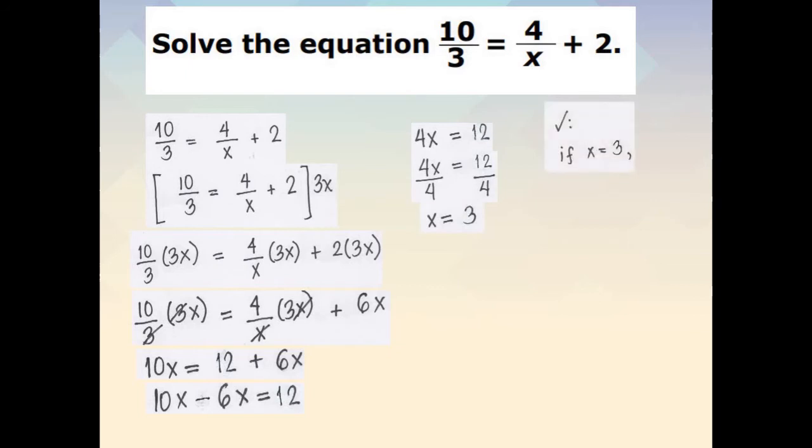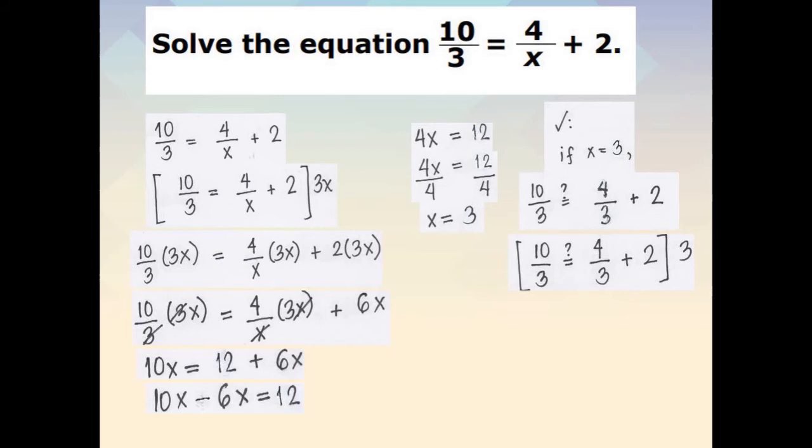In checking, if x is equal to 3, so 10 over 3, is it equal to 4 over 3 plus 2? We shall now multiply both sides by 3 because it is the LCD.